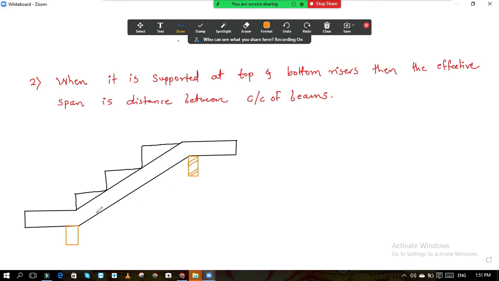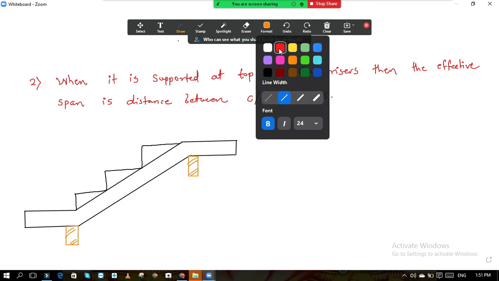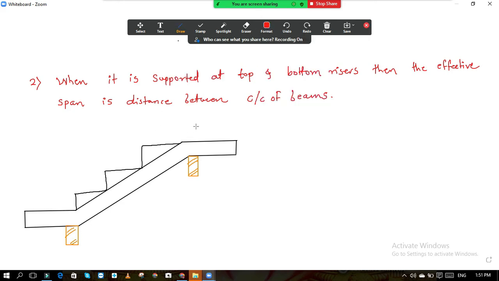So what they have told us is that it is the center to center distance of the beam. If you draw the center line, this is the center line of this support. This is the line which is passing through the center. Okay, and if you measure the distance, this will be your effective span.